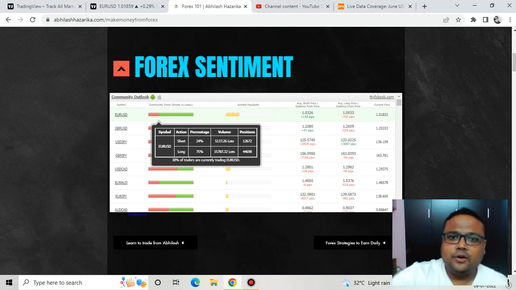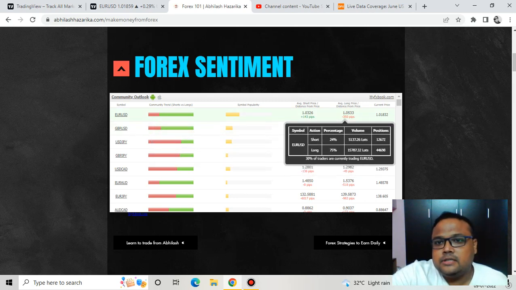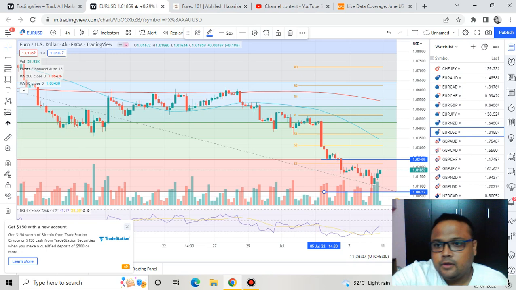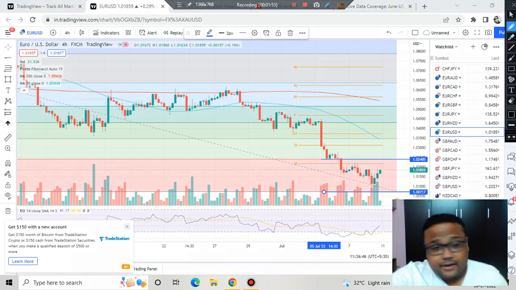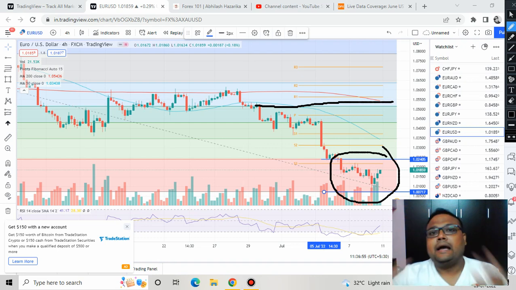It means that they are on the sell side, and the average buy position is 1.0533. See, so almost 75% of retail traders took a buy position somewhere around here, and right now the market is trading here.